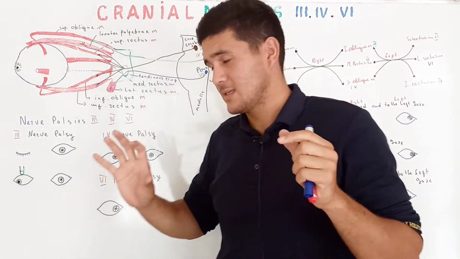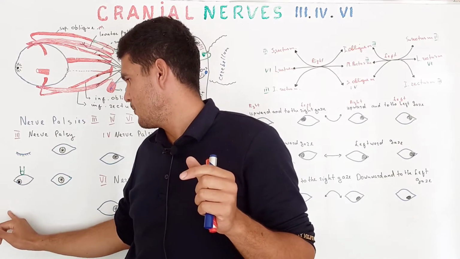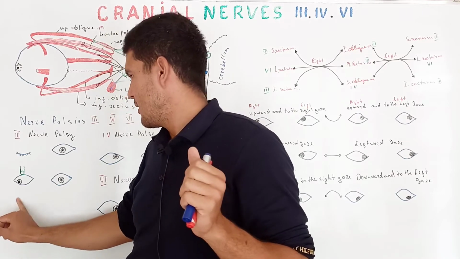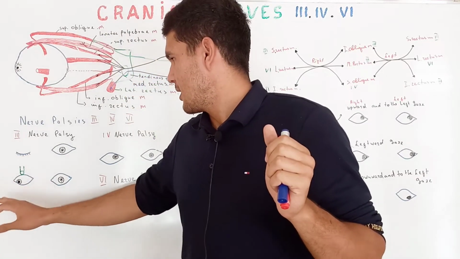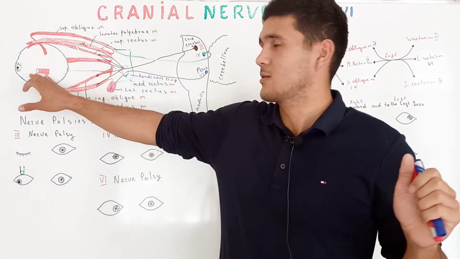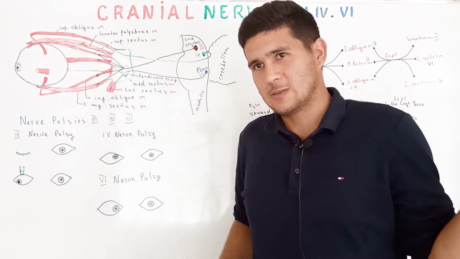Okay, and there is some kind of deviation to the left and to the right and the down side. One of the main reasons for that is that in this part is located the lateral rectus muscle, and the lateral rectus muscle is innervated by the nervus abducens.